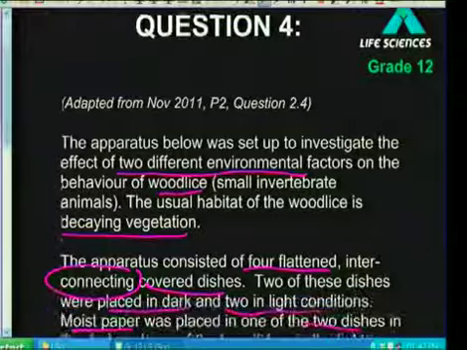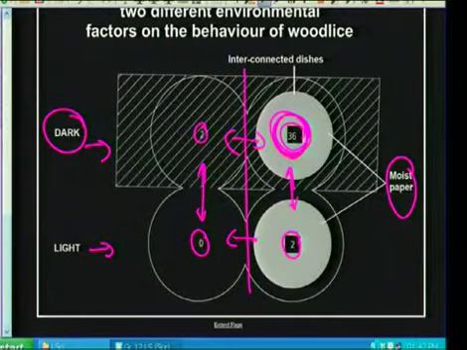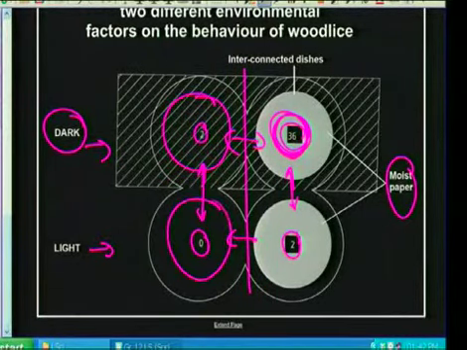A second improvement to this experiment would be, if we look at the setup, we see that we've placed moist paper in only 2 of these chambers, and I think it would make it a fair experiment if we had placed dry paper in the others, so that we ensure that we tested only one variable.